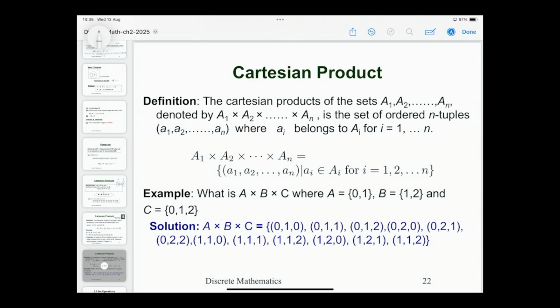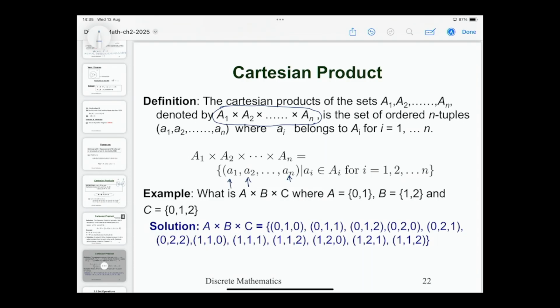The Cartesian product of sets: we could have multiple sets, like previously just A and B, 2 sets. If we have n sets, then the Cartesian product would be the mapping as shown here: 1 member of the first set, the second set, and so on.